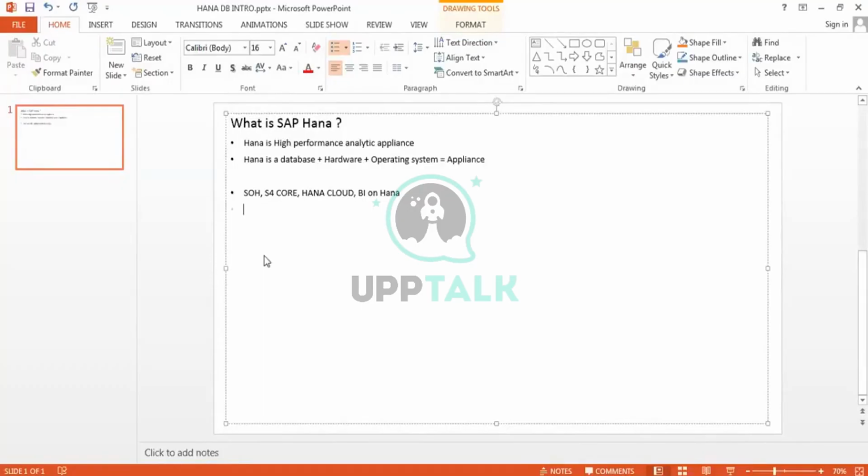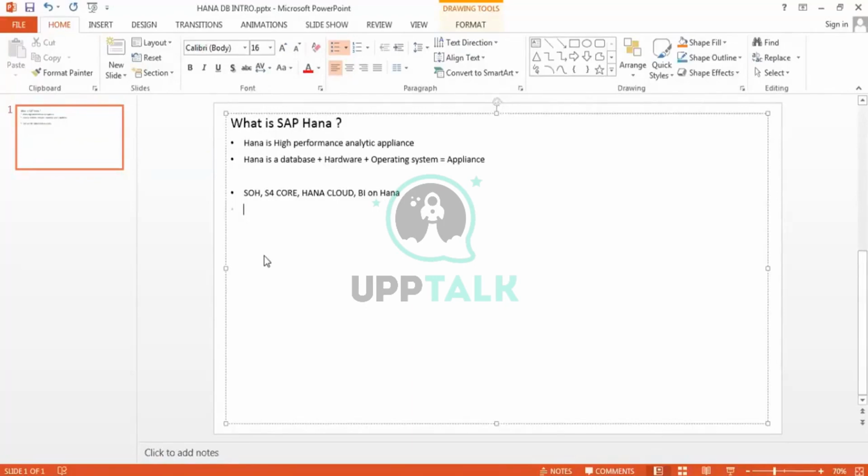And basically what SAP has done with S4HANA is that it has optimized all the ECC modules. ECC has many modules like FI or SD. You might have heard these terms; these are the business terminologies for a module in the business. FI deals with finances, SD deals with sales and distribution, MM deals with material management, and so on.